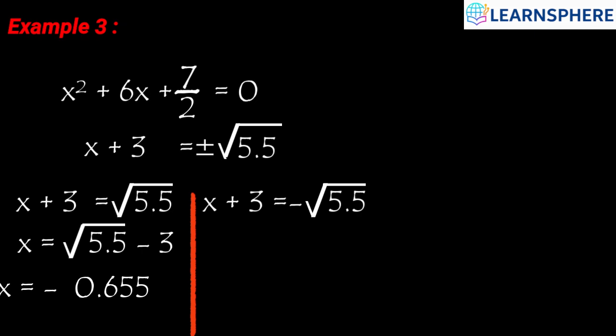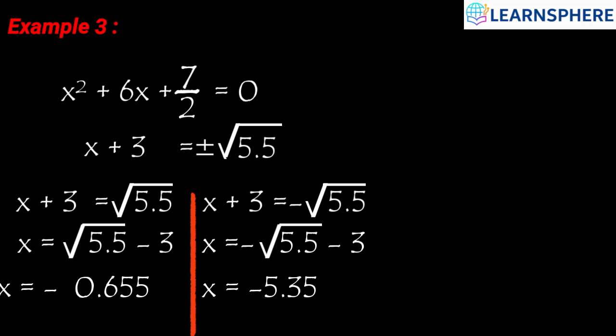And for our second answer, by bringing positive 3 over to the right-hand side, it will be negative square root 5.5 minus 3, which will give us, in 3 significant figures, negative 5.35.